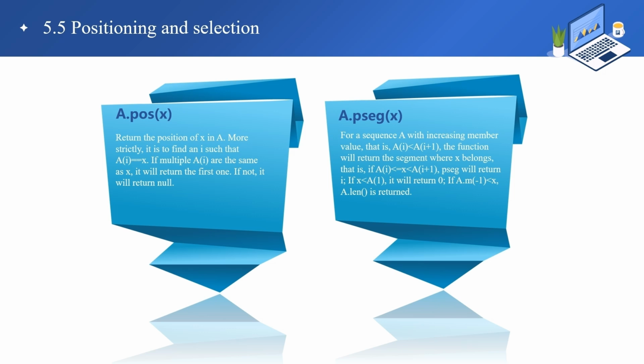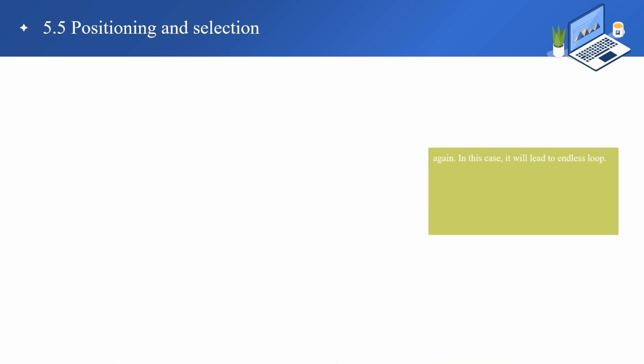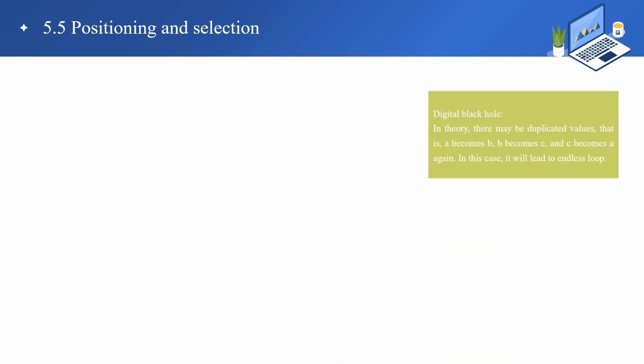In our daily work, we often need segmented statistics, such as age, sales amount, etc. We can use the pseg function in these cases, but we will give these examples after we have learned structured data. In theory, there may be duplicated values in the previous example of digital black hole, that is, A becomes B, B becomes C, and C becomes A again.